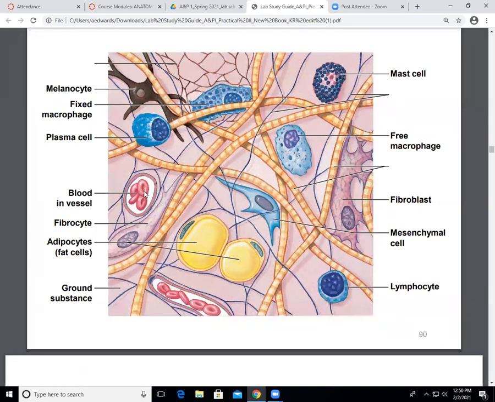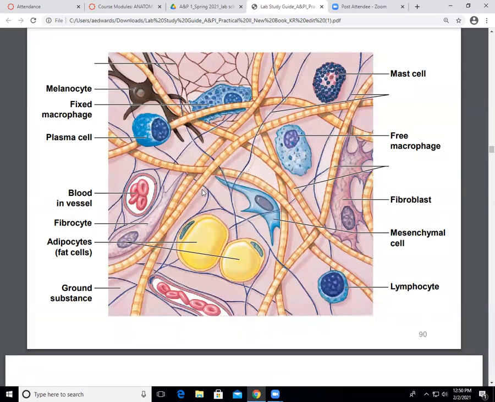Here's blood in the blood vessels, some fat cells, adipocytes. Here's a melanocyte, which gives you skin pigmentation. Plasma cell, free macrophage. Here's a mast cell, a lymphocyte, which helps with immunity. Here's a fibroblast cell, which we'll talk about later. Mesenchymal cell, and these big yellow cords.